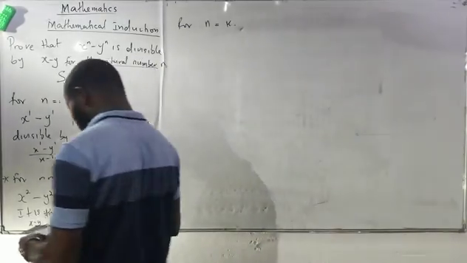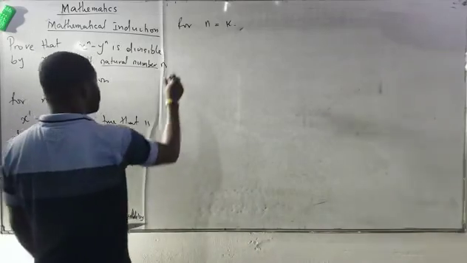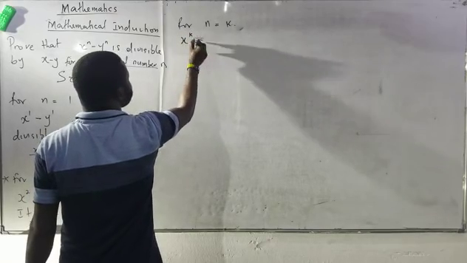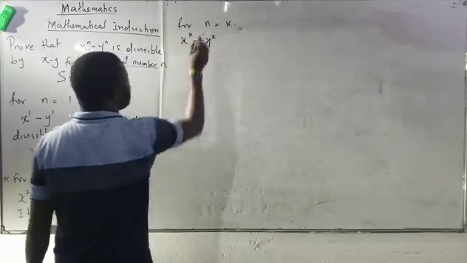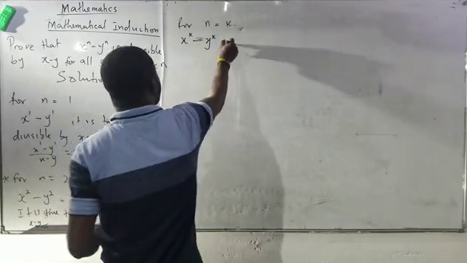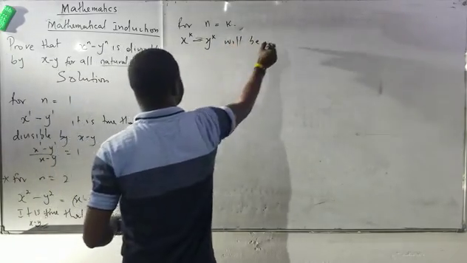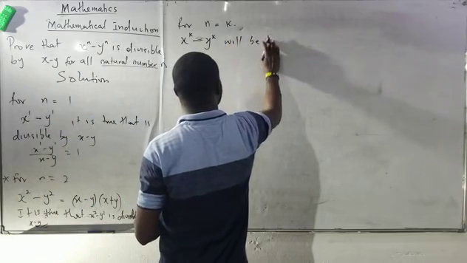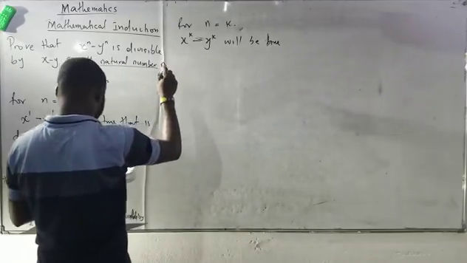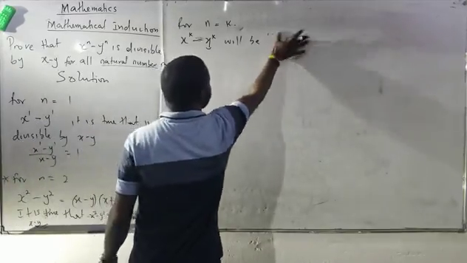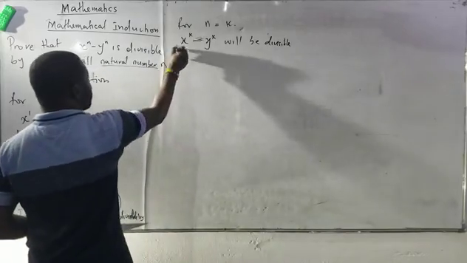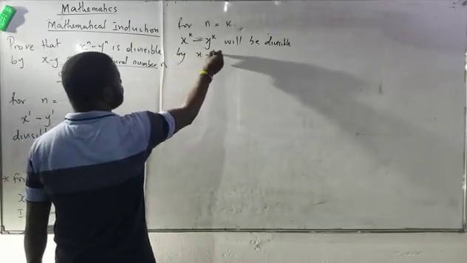Since I know that this is correct, it means I will now say that x raised to power k minus y raised to power k will be true, will be divisible by x minus y.